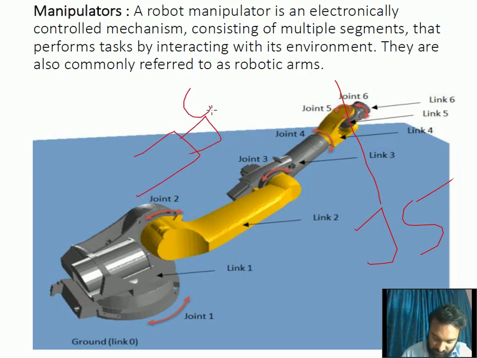So this is our link 6 and this one is link 5. Here you see a kind of revolving type. So this one is link 6.